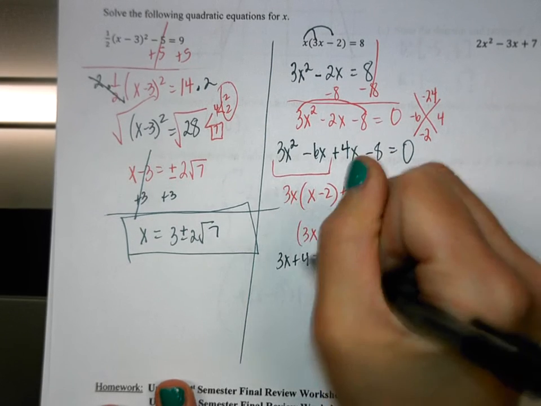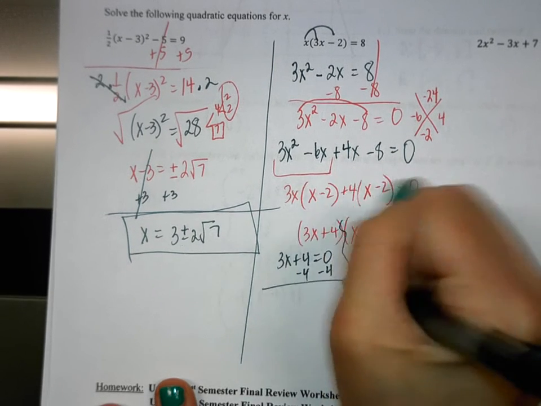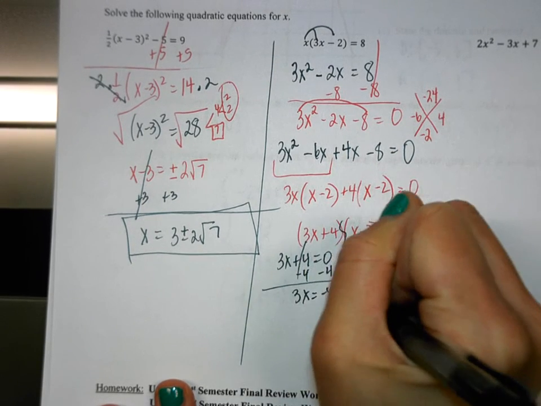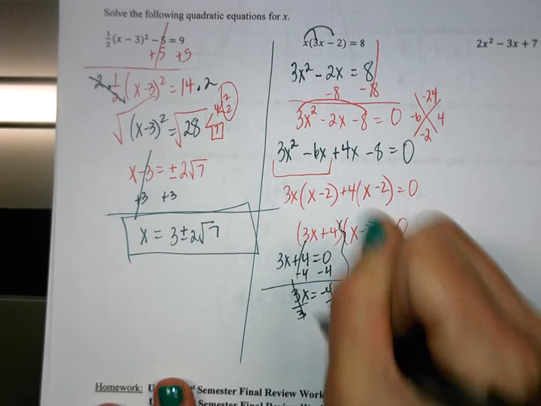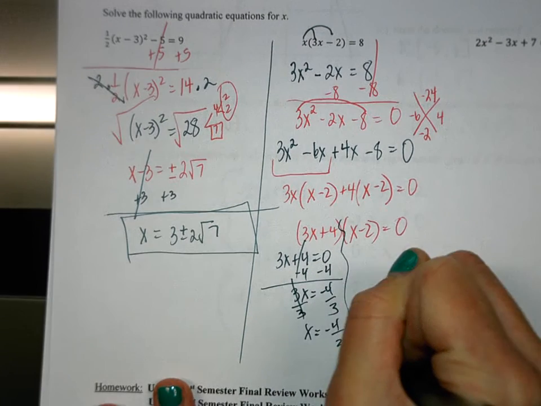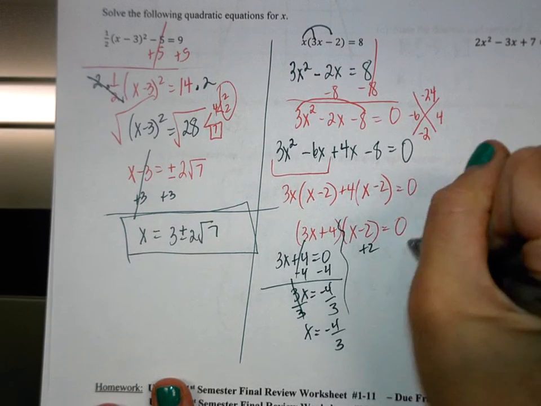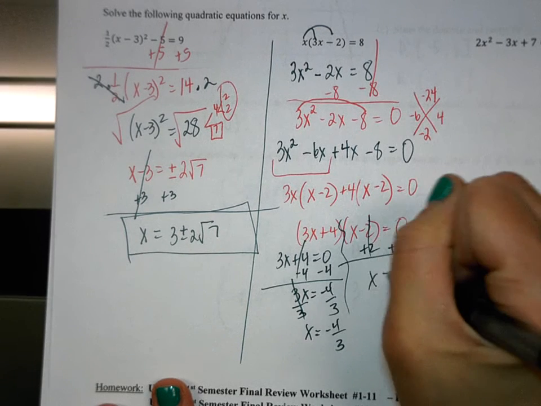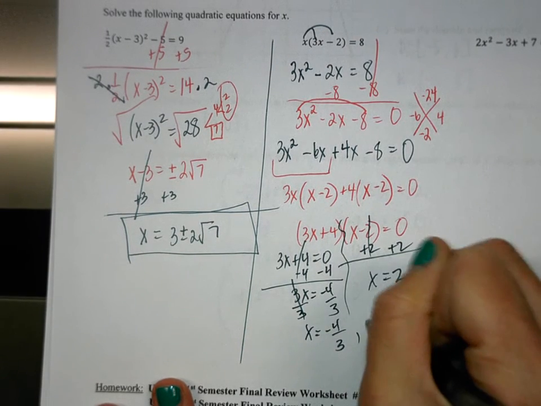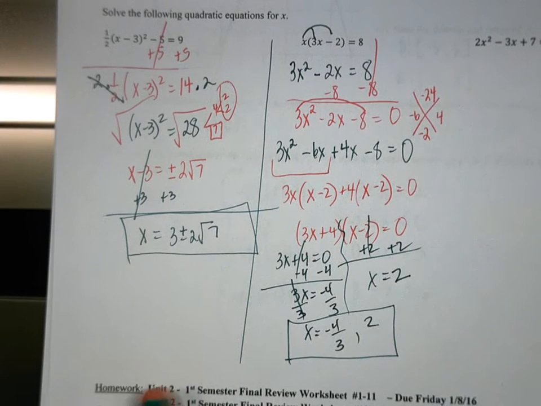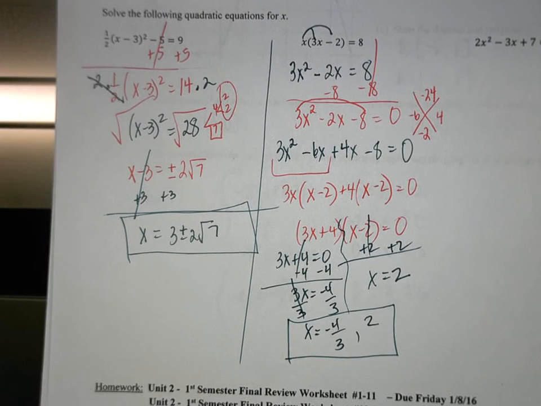So you'd subtract 4 from both sides: 3x equals negative 4, and then you divide by 3. So x equals negative 4/3. On this side, we add 2 to both sides, and we get x equals 2. So the answer for that is negative 4/3 and 2. Any questions?